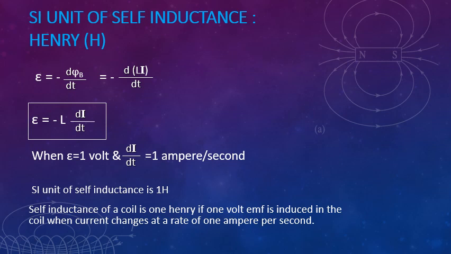When E is equal to 1 volt and di by dt is equal to 1 ampere per second, then the self-inductance will be 1 Henry. Hence, self-inductance of a coil is 1 Henry if 1 volt EMF is induced in the coil when the current changes at a rate of 1 ampere per second.